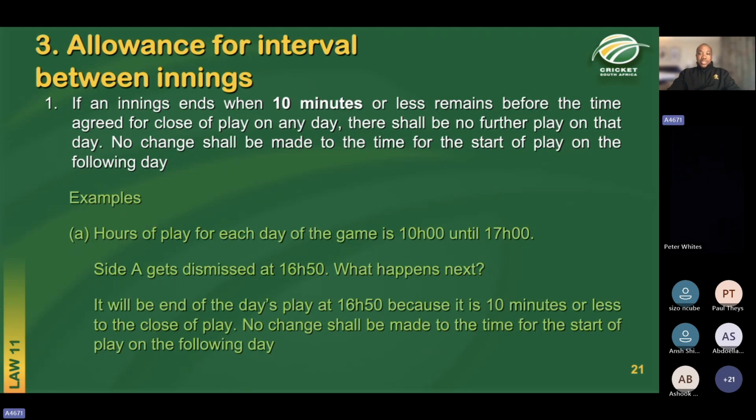No change shall be made to the time for the start of play on the following day. So if an innings ends at 1650, 51, 52, 53, all the way up until 1700, if the scheduled close of play is 1700 hours, then we will not have any further play on that day.